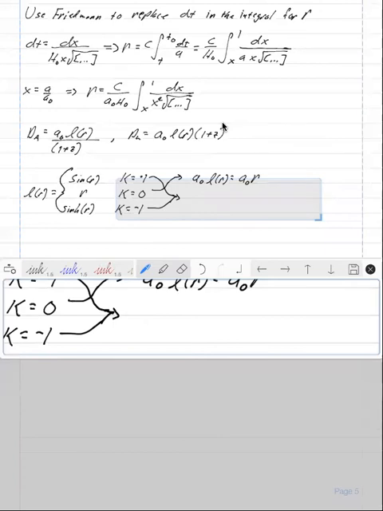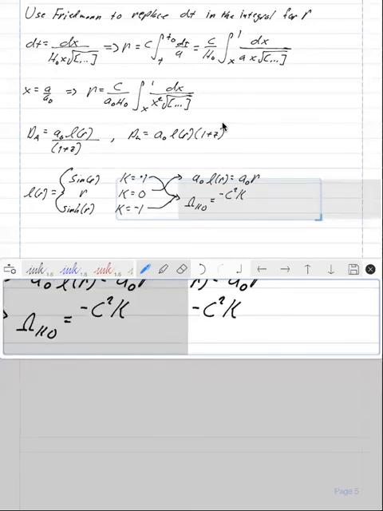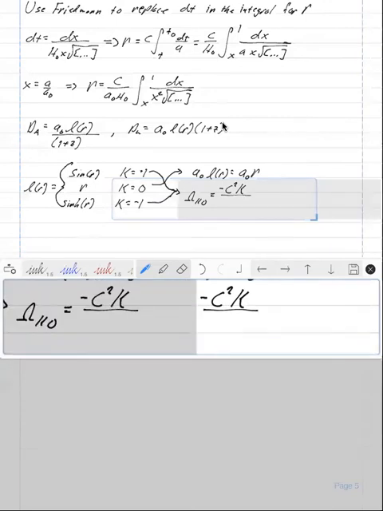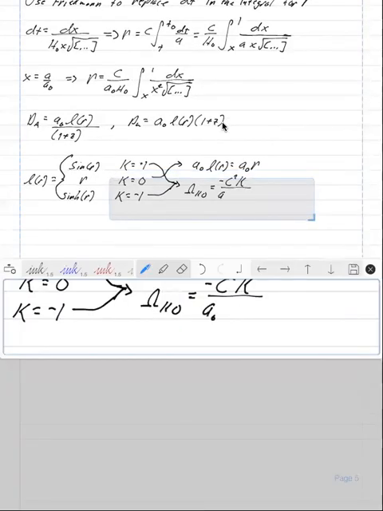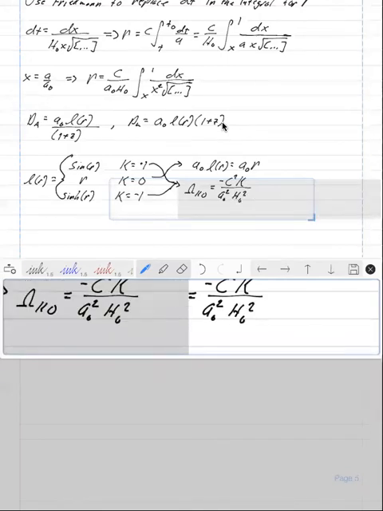Well, we're going to notice that omega k0 by definition is equal to minus c squared k over a naught squared H naught squared.